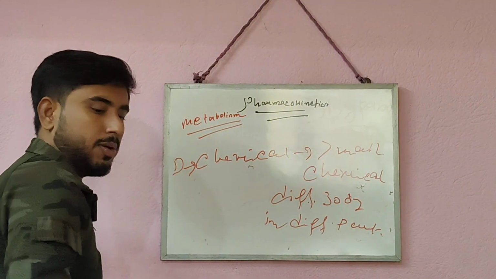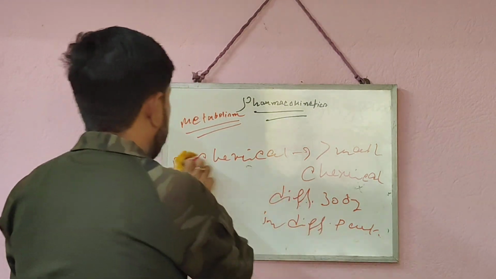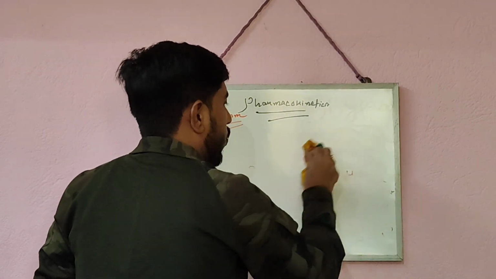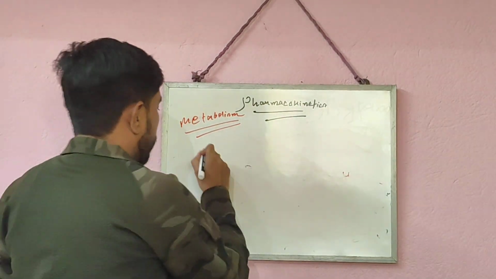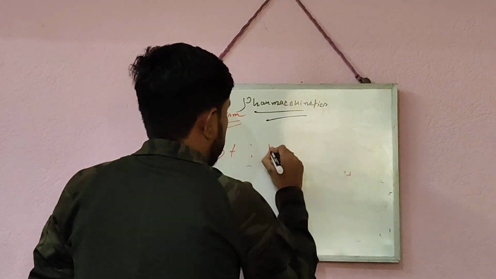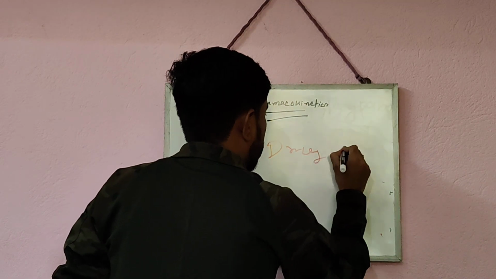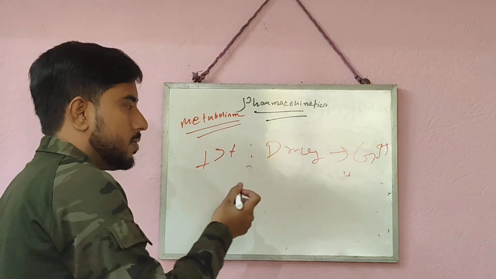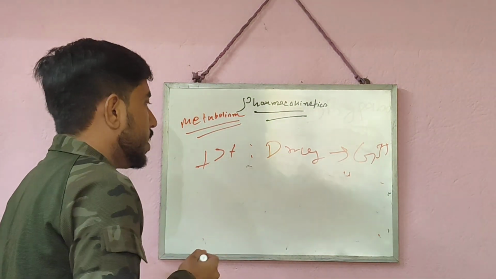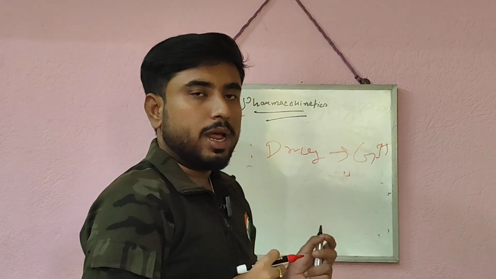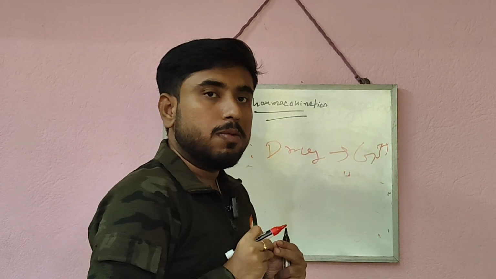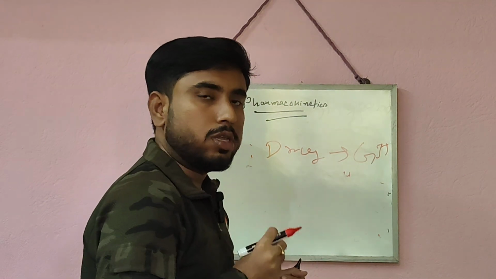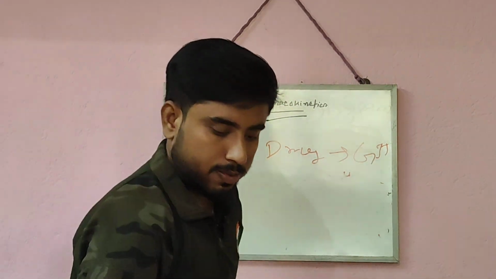Here two types of metabolism are there. One is first pass metabolism, which is generally for oral drug administration, where the drug taken is going to be metabolized through the GIT, or gastrointestinal tract, where different juices in the stomach and intestine process the drug and break it into small pieces, and that will reach the different action sites where the drug will show its action for which we are taking that drug.